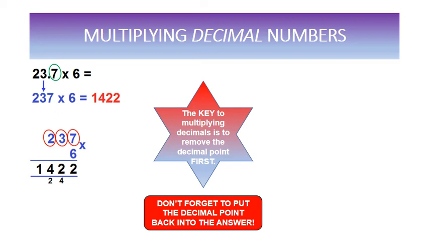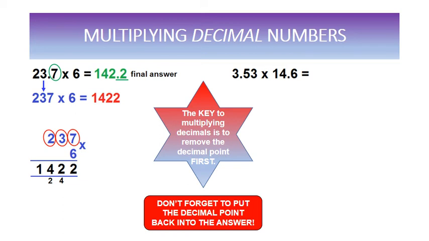So altogether, we've got one decimal place in the question. So we have to make sure that there's one decimal place in our answer. So our final answer would be 142.2. So what we've done is we've put the decimal point between those 2's in the 1422, which gives us an answer to one decimal place.